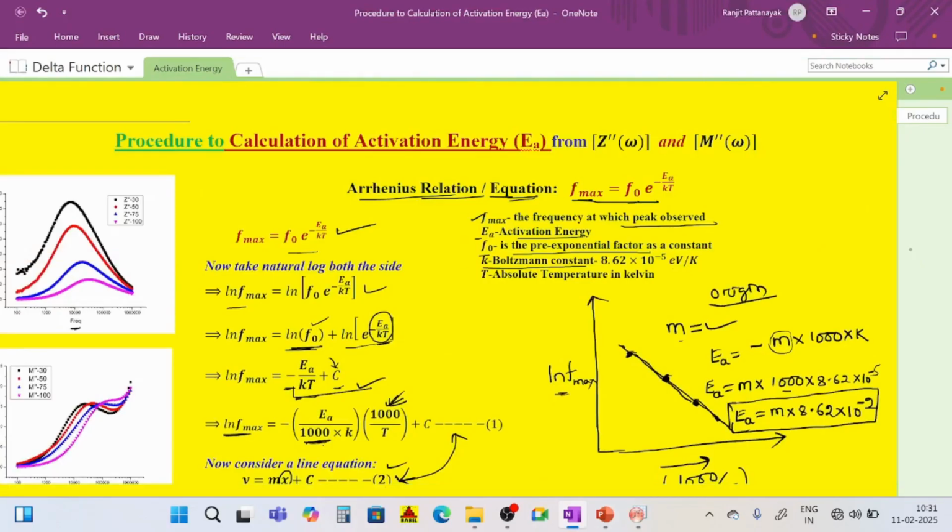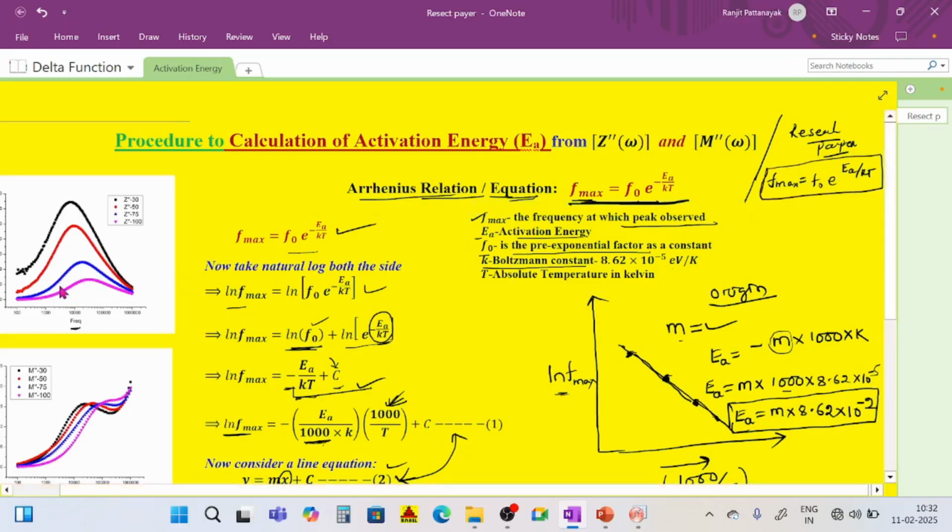The Arrhenius equation is written like this in general, but in various research papers you can find this Arrhenius equation written like this: F max is equal to F naught e to the power plus EA by KT. Why it is written so? I'm going to tell you here.